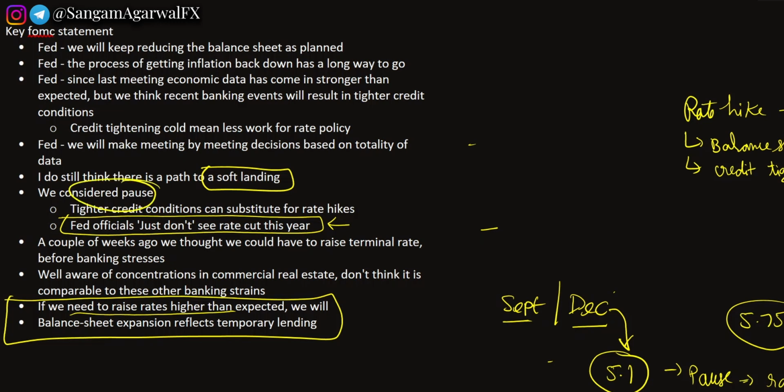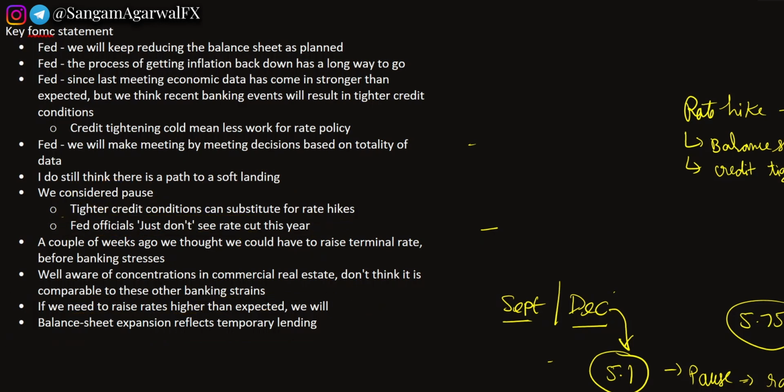And on another side he also says they do not see a rate cut this year, same like they did not see a rate hike in 2021. But he also repeats that they can hike rates higher than expected. These are confusing statements, and news companies will try to confuse you.